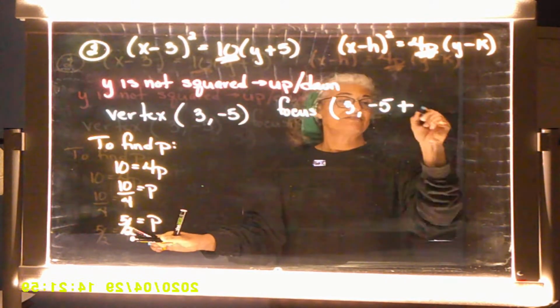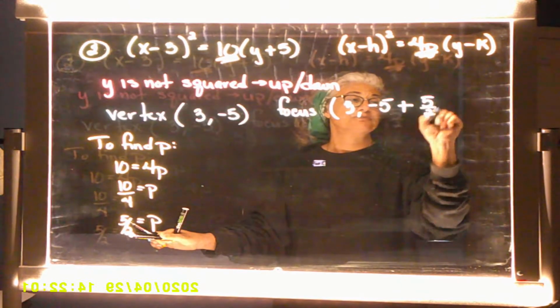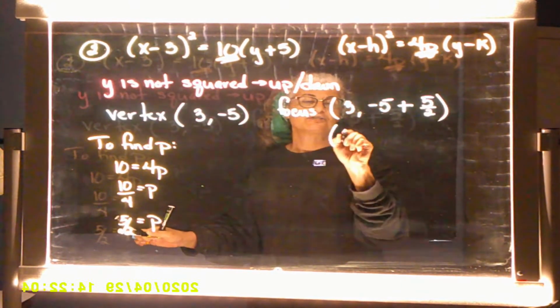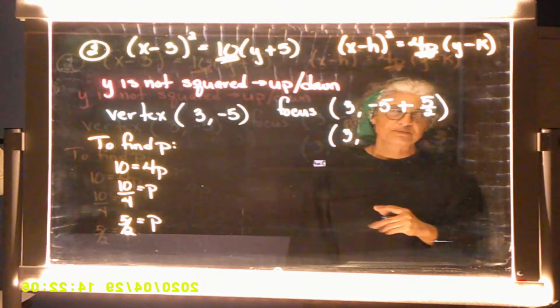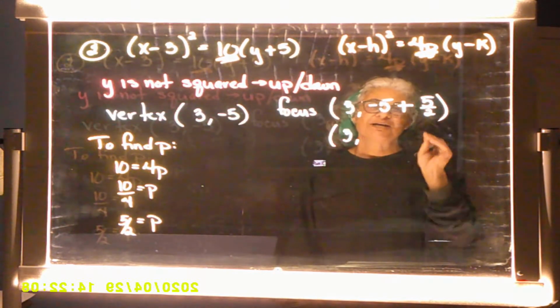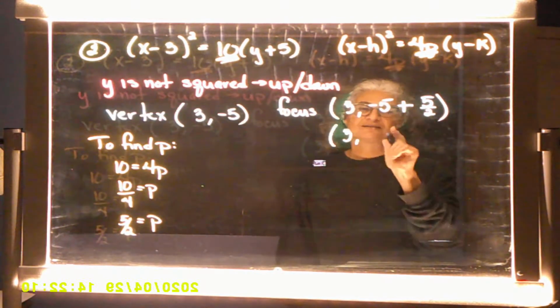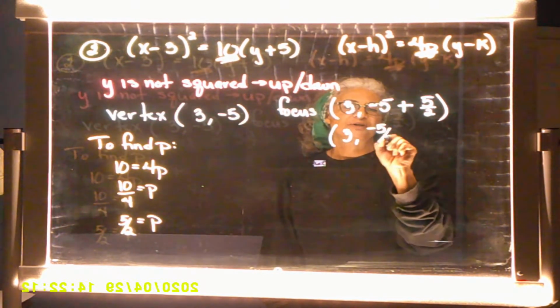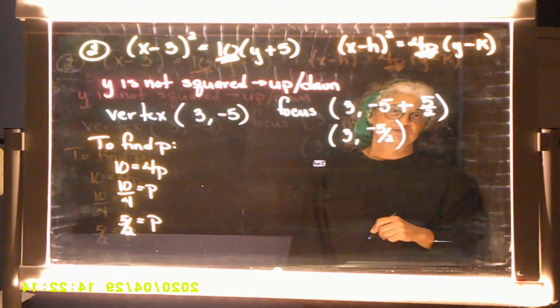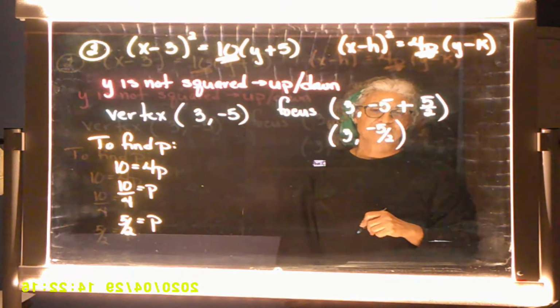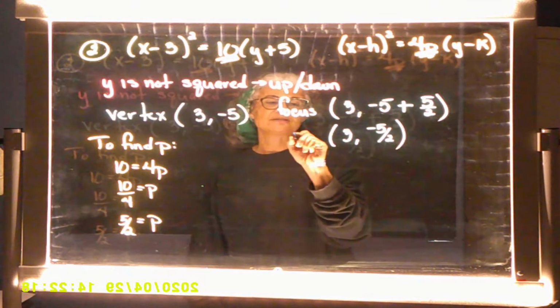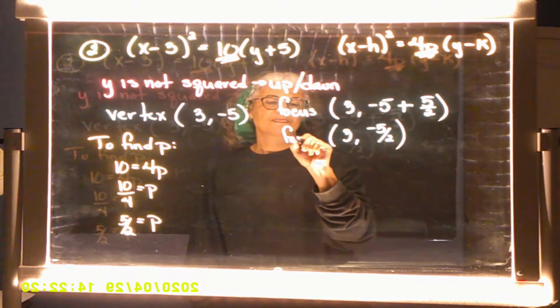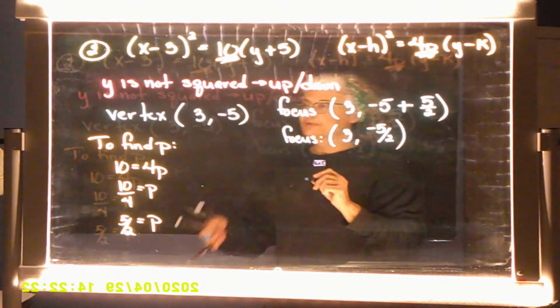And you're going to add the value of p, aren't you? Okay, so hopefully you remember how to add your fractions. You verify. I get a negative 5 over 2 when I add these. All right? Okay, so here's my focus.